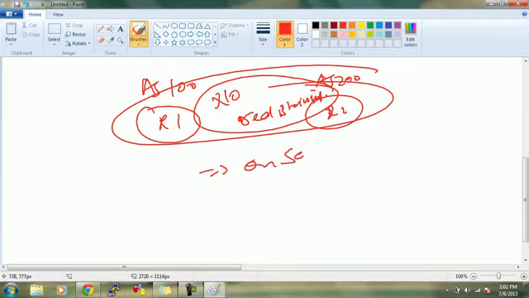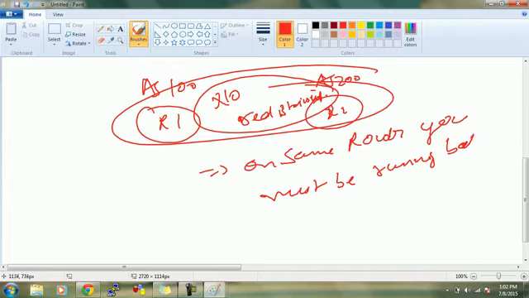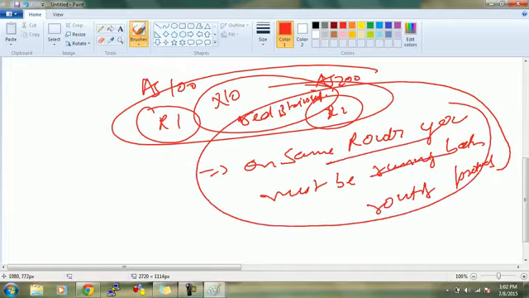On the same router you must be running both routing protocols. This thing is clear? Then only that router will be able to inject routes from one routing protocol to another. This thing is fine.